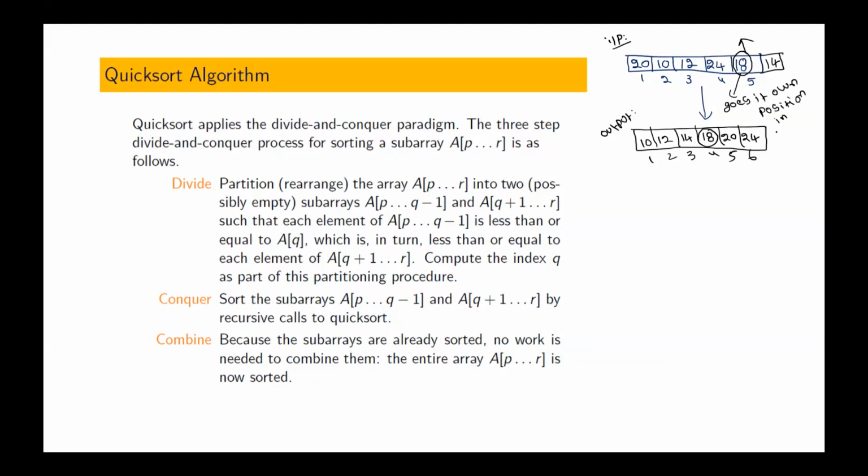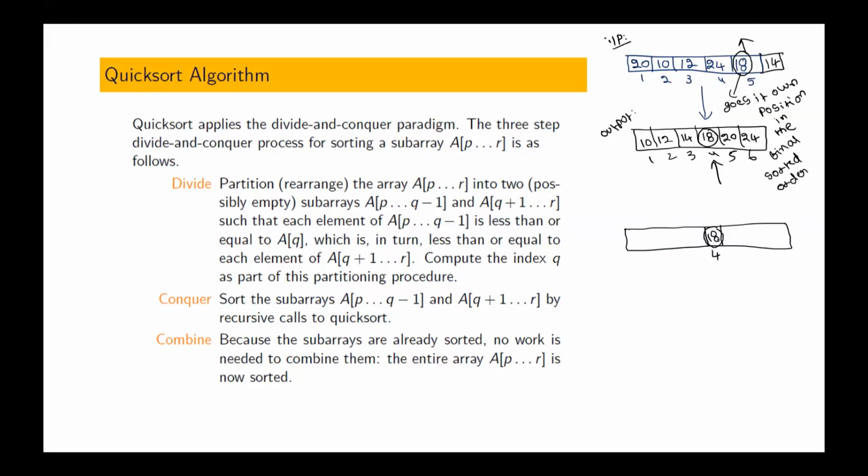What is its own position in the final sorted order? That is position 4. That means first, whatever input array is given, we ensure that whatever important element we have selected, that is 18, goes to its own position in the final sorted order, so that after that we need not disturb that 18.